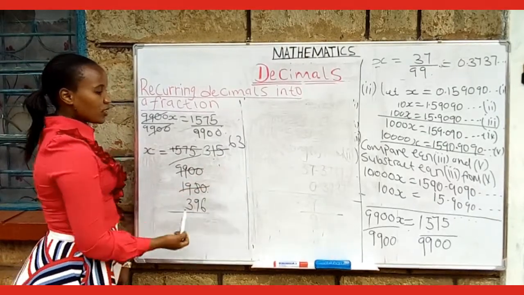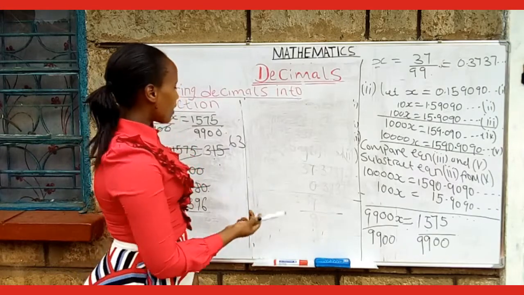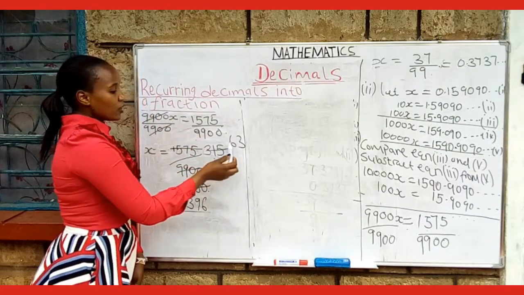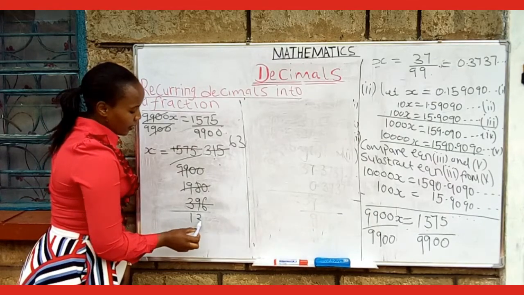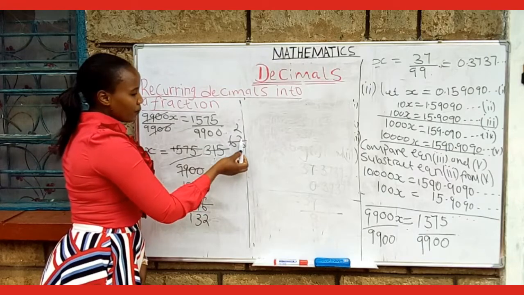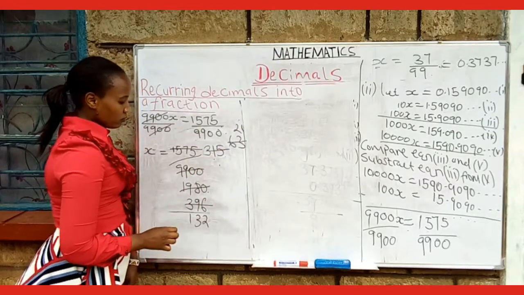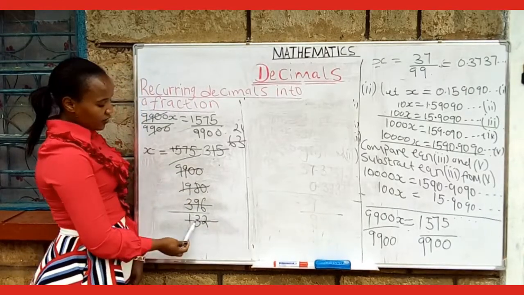If you look at this one, it is divisible by 3. A number is divisible by 3 if the sum of its digits is divisible by 3. So by 3, 1, 3, 2. By 3, 2, 1. Maybe by 3 again, because it's divisible by 3.